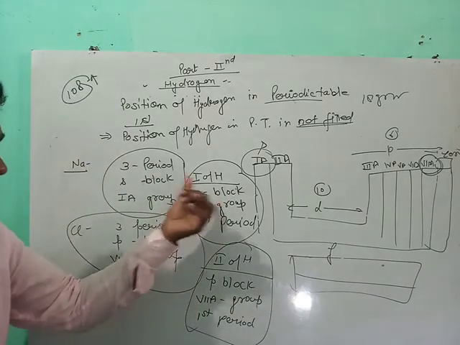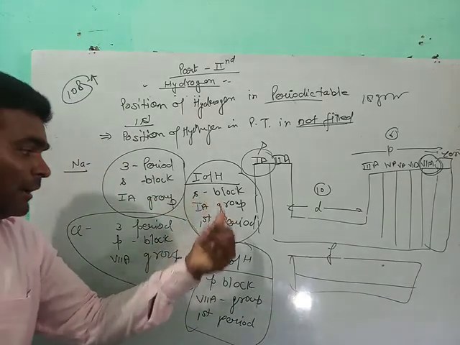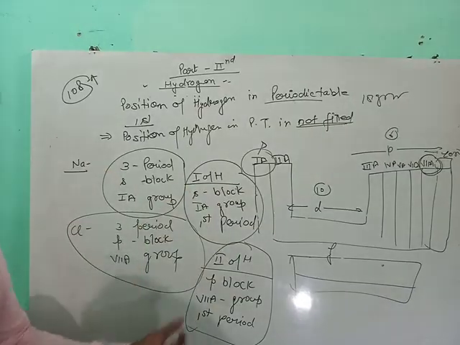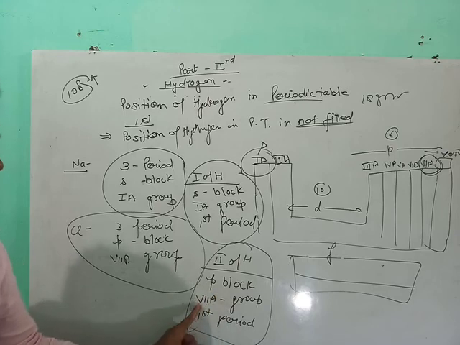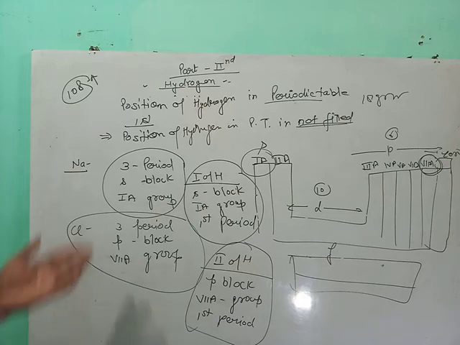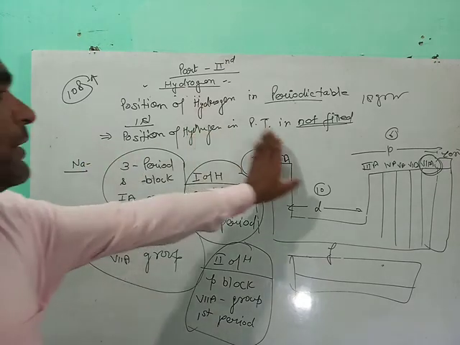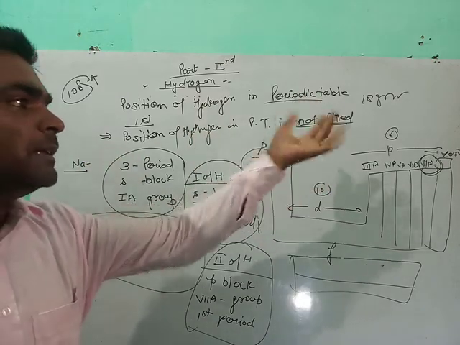The first position is in the s block, first A group, and the second position of hydrogen is in the p block, seventh A group. So we can see clearly that hydrogen does not have a fixed position in the periodic table.